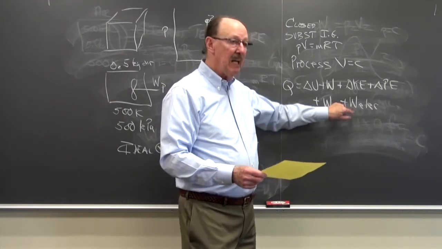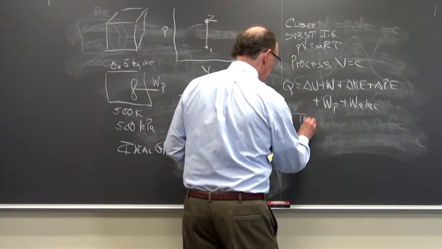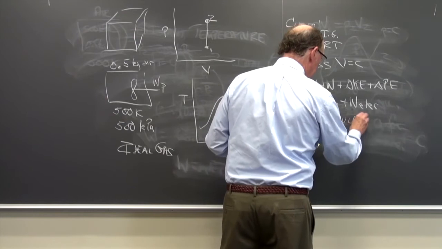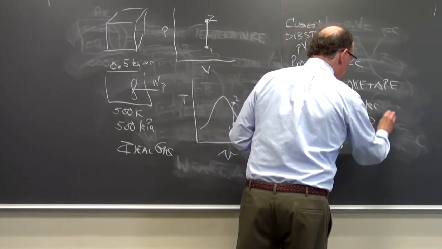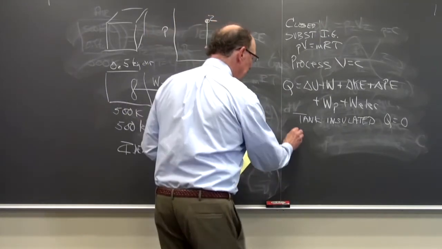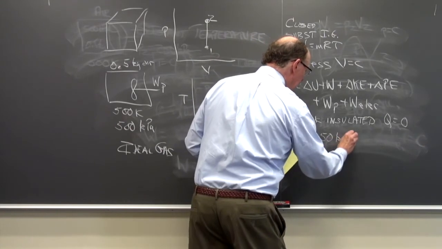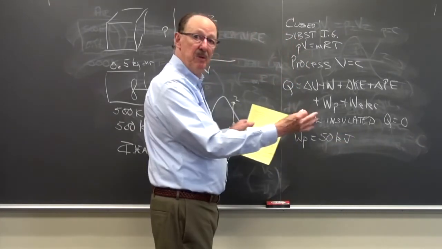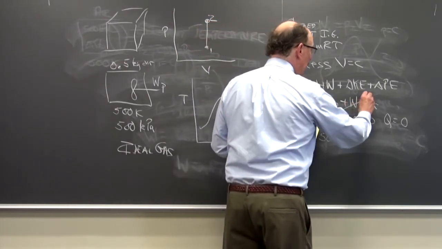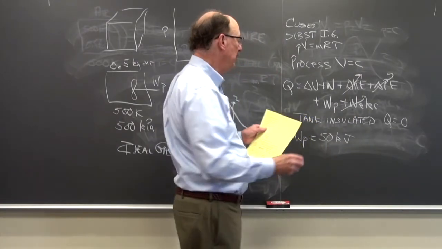So in our case, let the tank be insulated. So Q is equal to 0. We're going to let W_P equal 50 kilojoules. And so then we can simplify the first law equation, and we will eliminate the electric work, the change of potential energy, change of kinetic energy, nothing is being thrown.